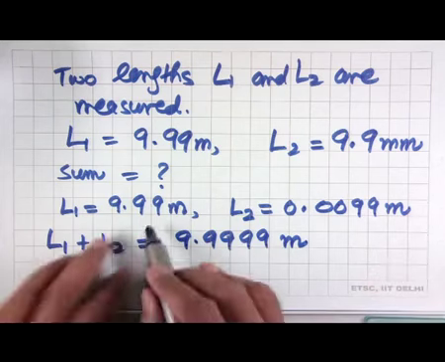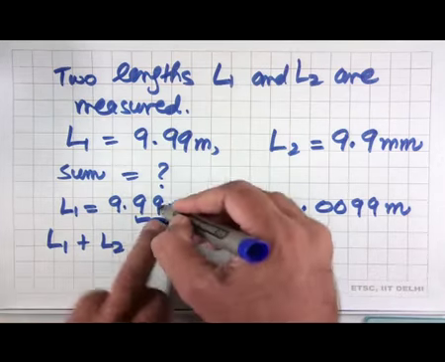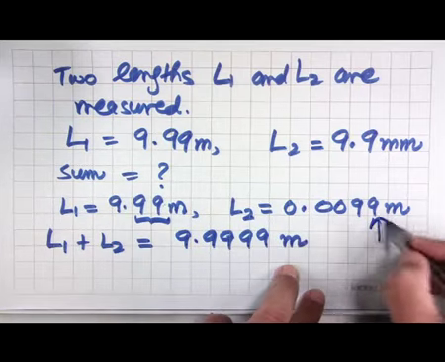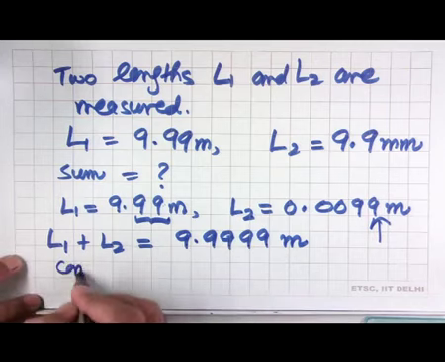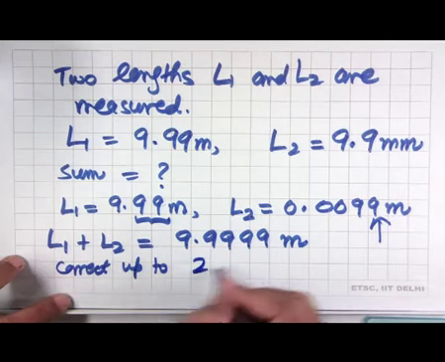Now, in the two we have to go up to the least number of decimal places. We see L1 in meters is up to 2 decimal places, whereas L2 in meters is up to 4 decimal places. So, we have to finally write our answer in meters, correct up to 2 decimal places.